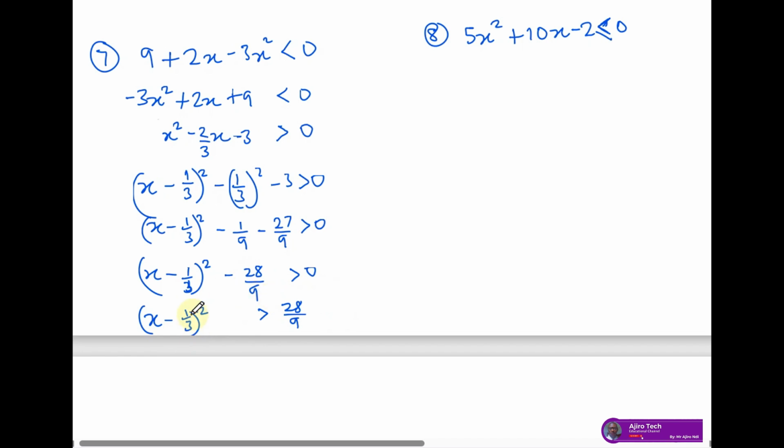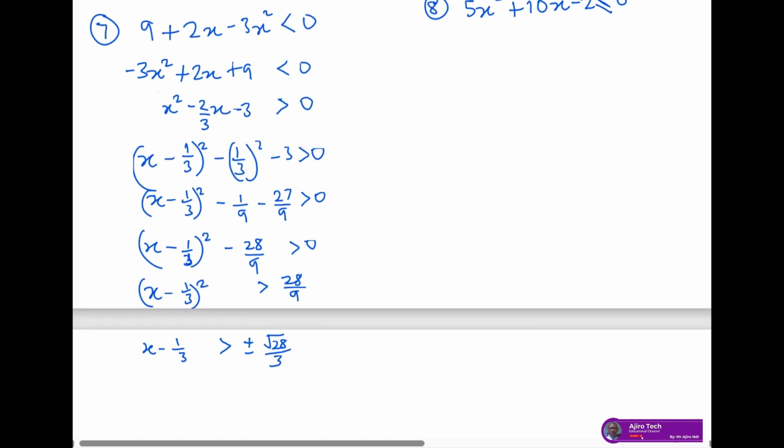So I take the square root of both sides, that means x minus 1 over 3 is greater than plus or minus root 28 over 3, because root 9 is 3. You know this one is 2 root 7, I say 2 root 7 in short form.